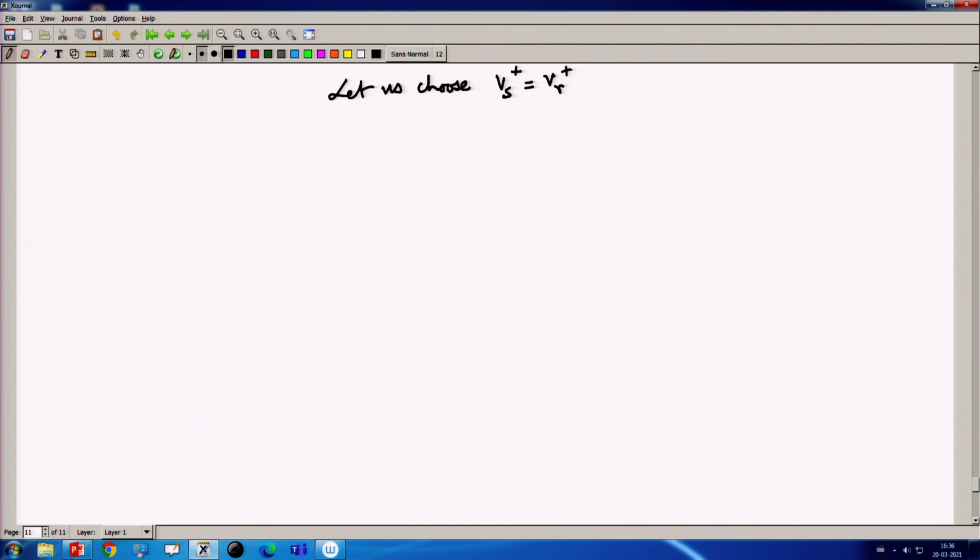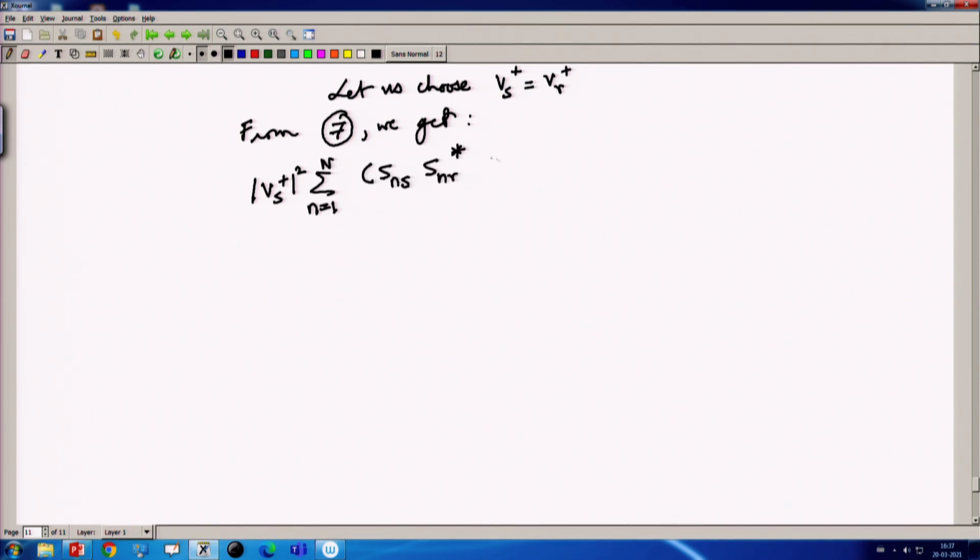When we do that, equation number 7 can be rephrased as follows, so we call this equation 8.